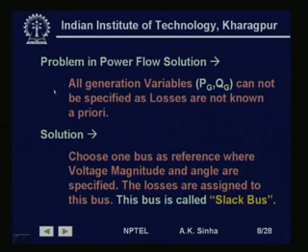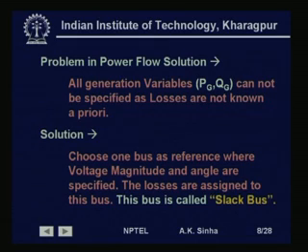Now, as we had said earlier, there is one problem in doing this, because we cannot know beforehand all the generations. All the loads are known to us, but generations are under our control. So, one can say that we should know all the generation, but there is one problem.